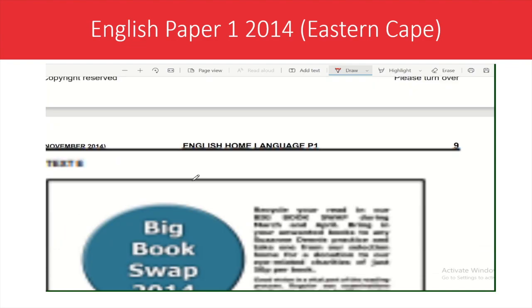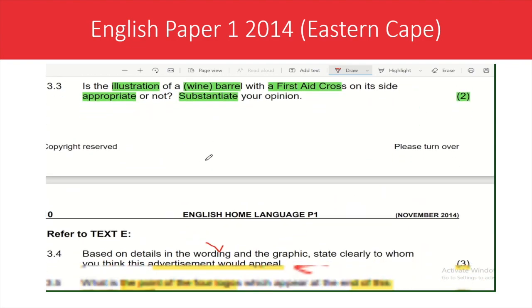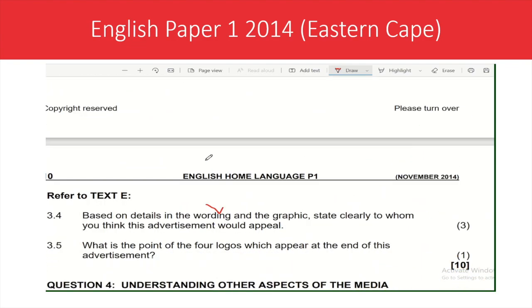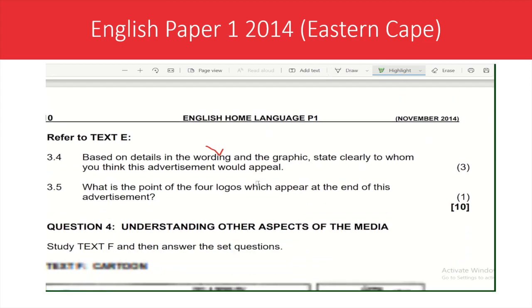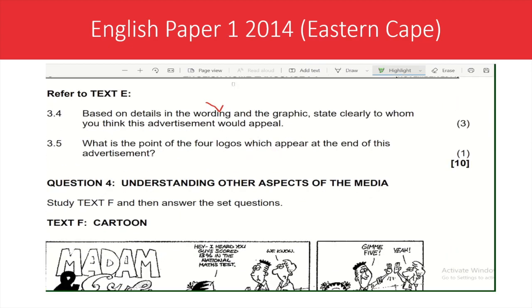Let's have a look at 3.4. So 3.4 says, based on the details in the wording and the graphic, state clearly to whom you think this advertisement would appeal, for 3 marks. Now, this is one of the question wordings that I discussed in the previous slides.